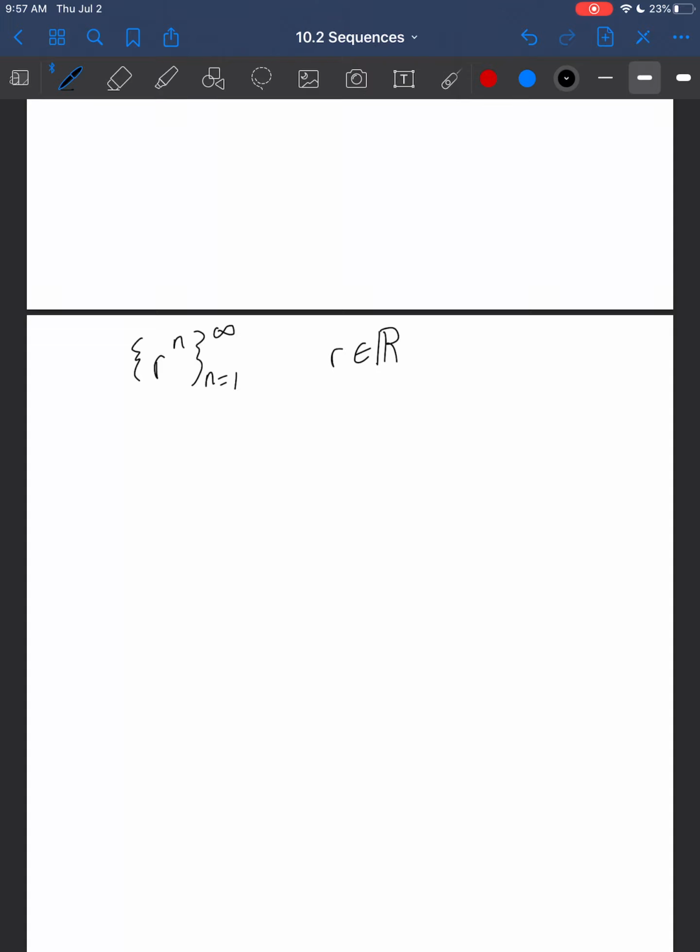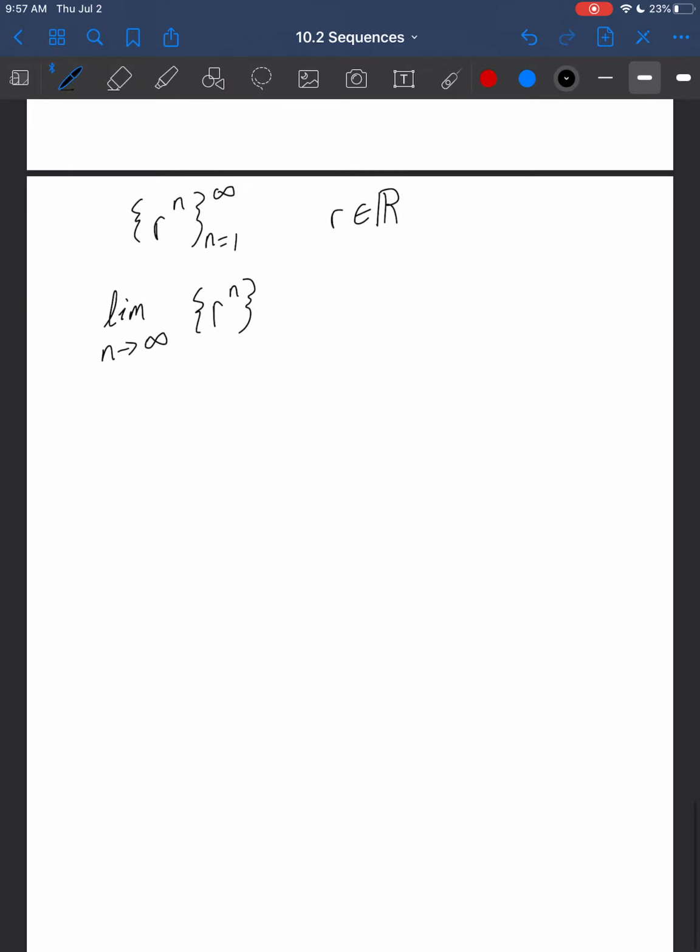It could be 1, it could be 2, it could be negative 1/3, anything we would like. And we'd like to know the limit as n goes to infinity of this r to the n. Okay.